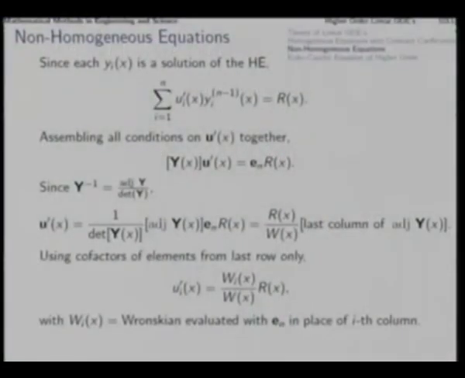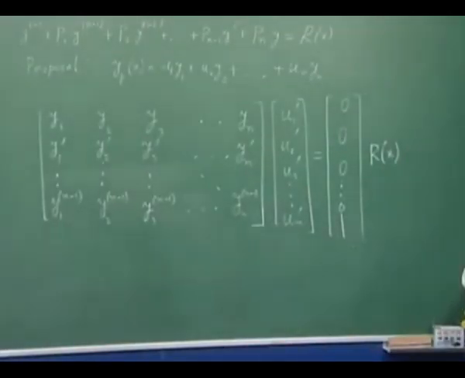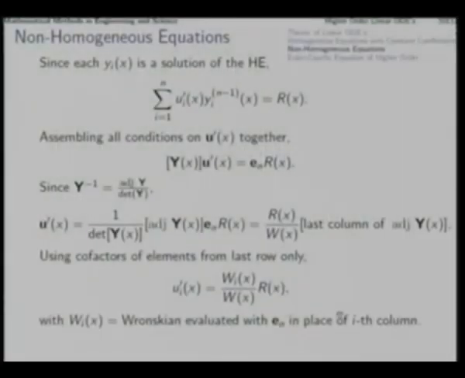So, the first, second, third entries will be given as W1, W2, W3, where Wi is the same Wronskian, the same determinant of this matrix, evaluated with En in place of the ith column. This gives us the expression for Ui prime.